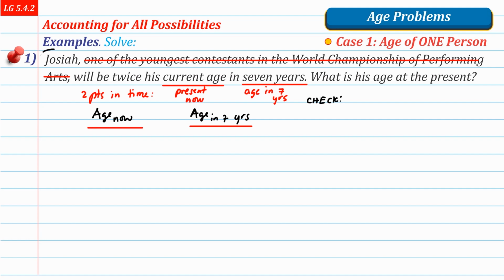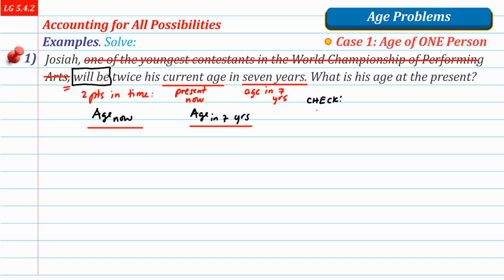Ito sir. Josiah will be twice his current age in 7 years. Okay. Pag sinabing will be, ano ba ibig sabihin ng will be, guys? Will be is, was. Translating from words. Di ba equals yun? It's an equal sign. So, lalagyan ko equals. Okay? So, Josiah will be twice his current age in 7 years.